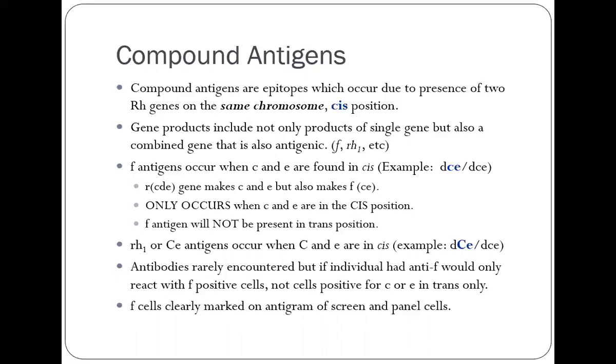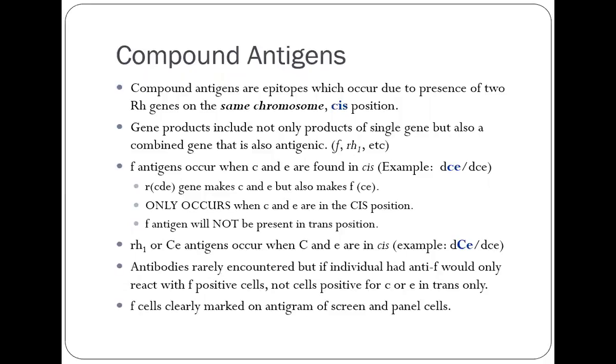So what's important about these compound antigens is that if they're inherited in this pattern and the person is positive for that compound antigen, that's great. What happens is when a person is not this genotype and does not inherit these antigens in this cis fashion, they're prone to developing antibodies to these specific blood group antigens.